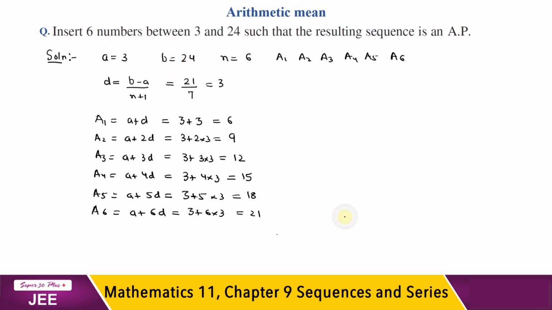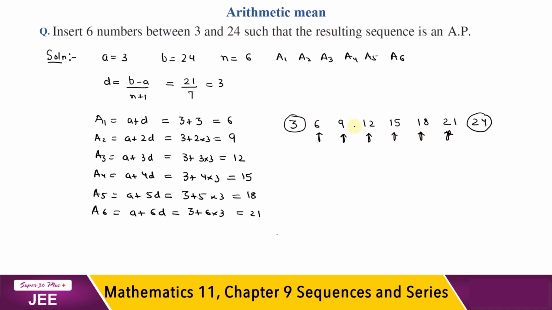And now one can easily observe that if I write them all down together, we get 3, 6, 9, 12, 15, 18, 21 and 24. So these were the two numbers that we have been given, and these are the arithmetic means that we have inserted.